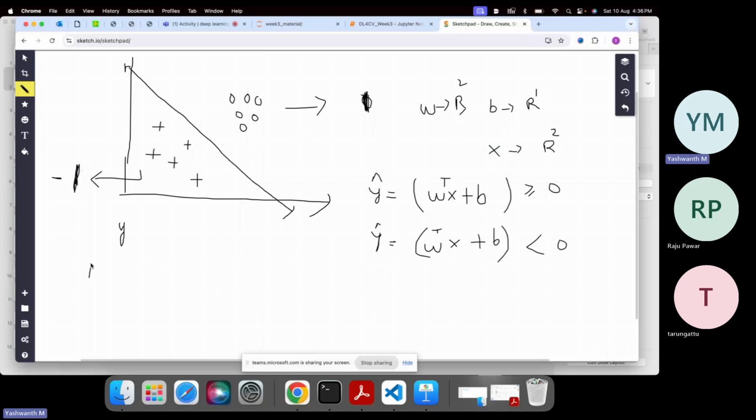For example, for example i, if y is positive and y hat is also positive, this is the correct prediction, because the true label says plus one and our algorithm is also outputting plus one. So there will be a mistake only if this product is negative.